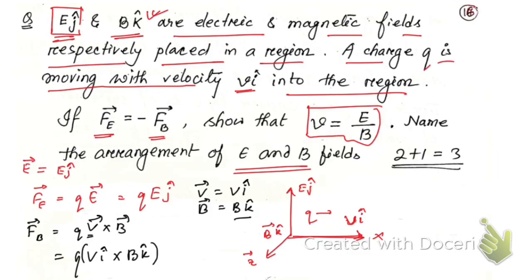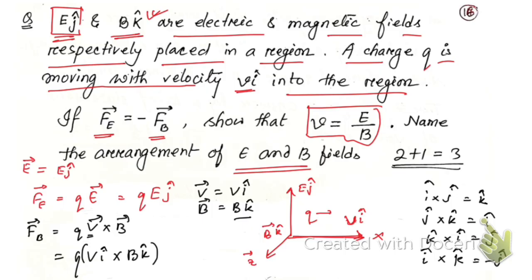Okay, so you know that I cross J is K cap, right? And J cross K is I cap, and K cross I is J cap. But if you see I cross J, if you reverse this, I cross K, then it must be minus J cap, right?